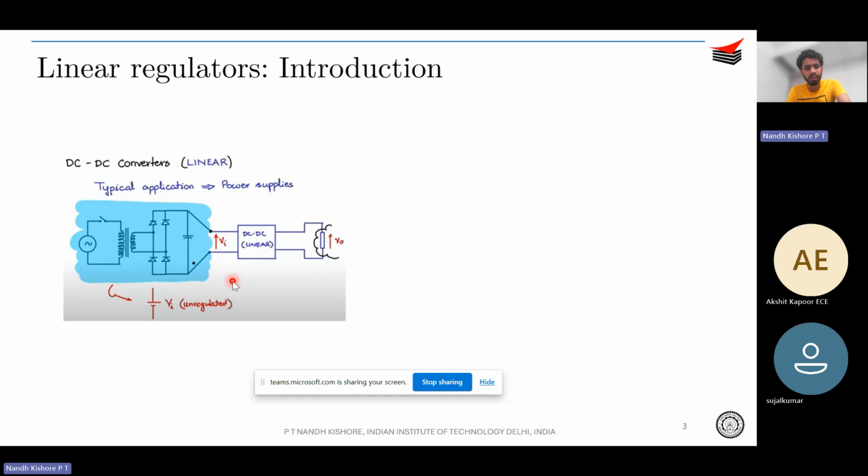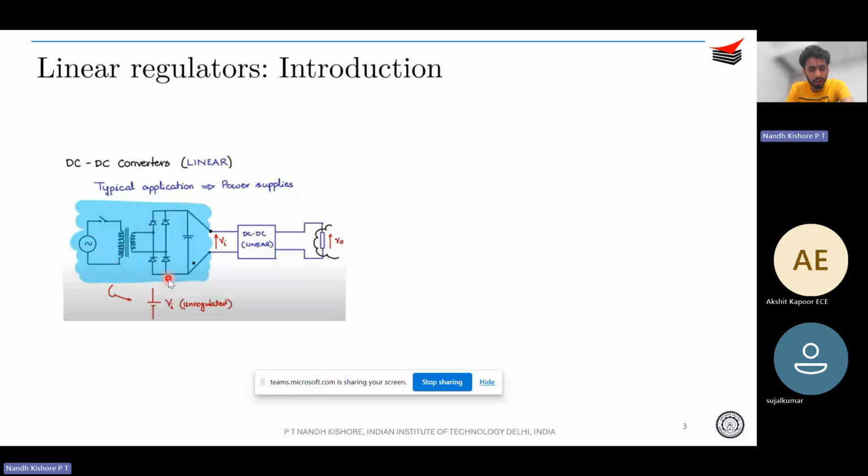You saw that the idea of a DC-DC regulator is to have a fixed V naught at the output. For instance, if you have a 230 volt AC, 50 hertz sinusoidal source at the input side, you typically have a transformer with a turns ratio of, let's say, 1:n, and then you rectify it.